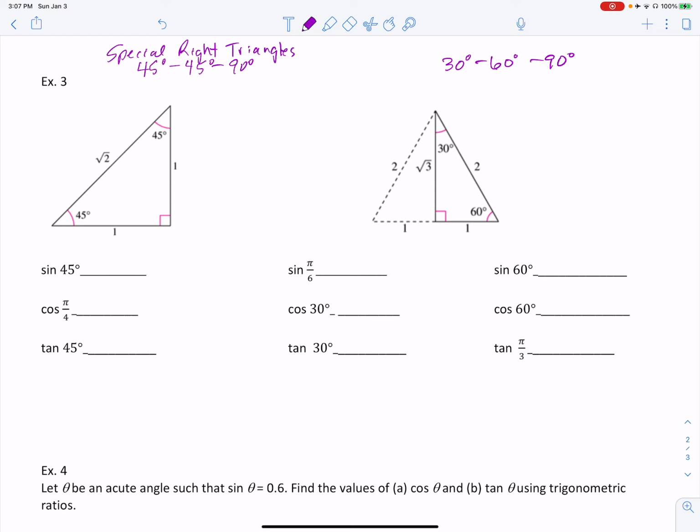They're both right triangles, but one has 45, 45 for the two acute angles. The other is a 30 degree and 60 degree angle. And there are things to remember.